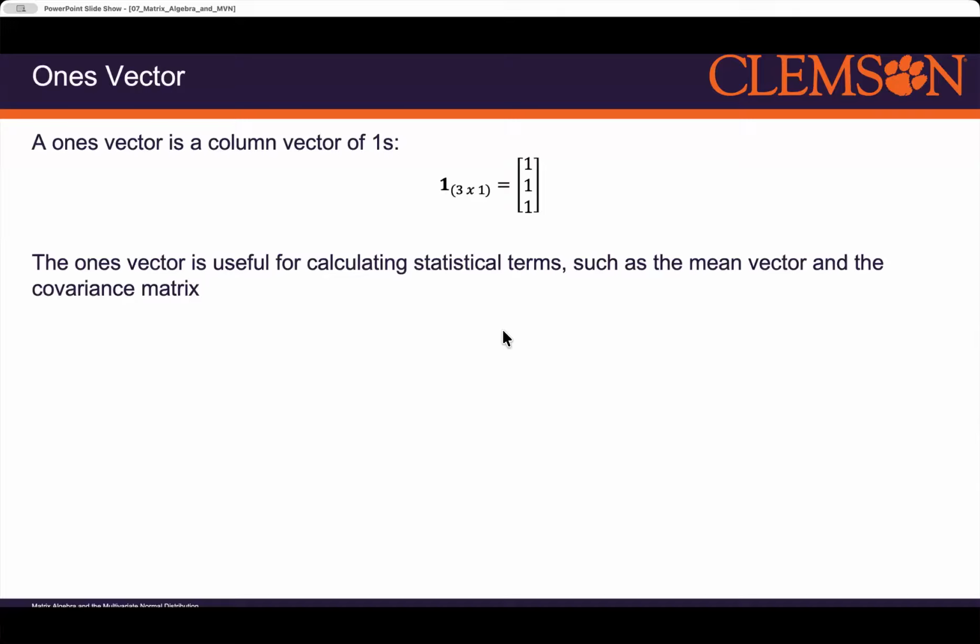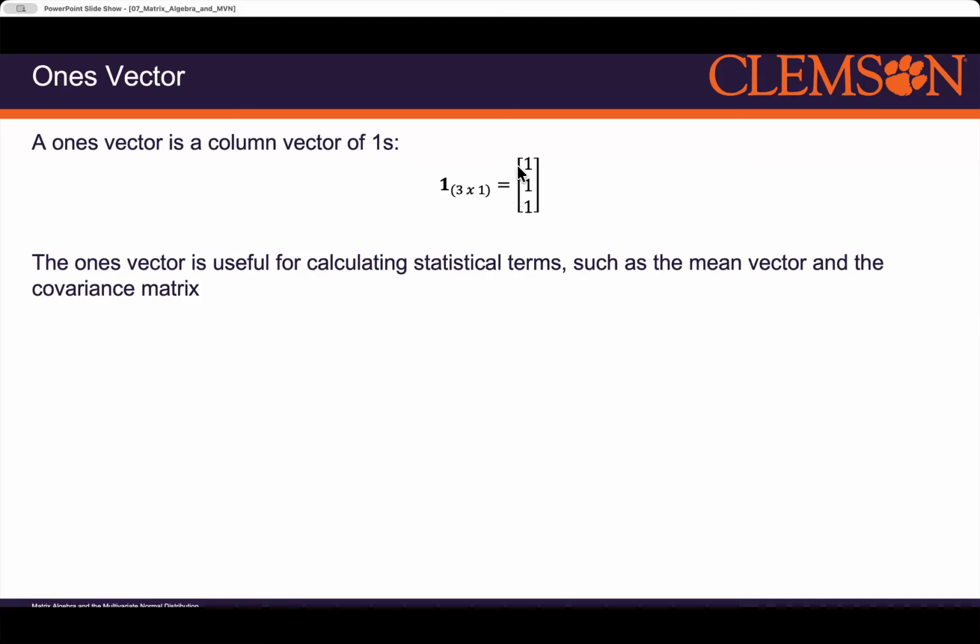And similarly, the ones vector, this term, is a vector of ones. And again, we can resize it. It's just a boldface 1 usually. We can resize it to make it fit our matrix multiplication. But why ones is important is because, remember, when we do matrix multiplication, we're summing a series of dot products.